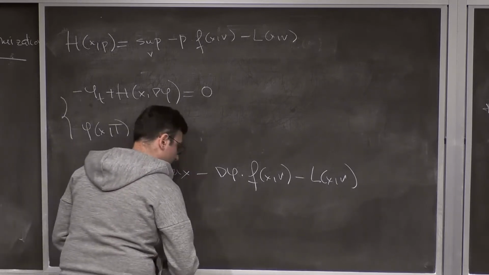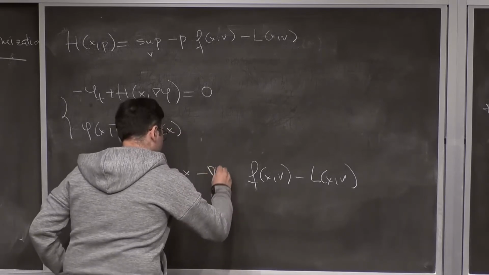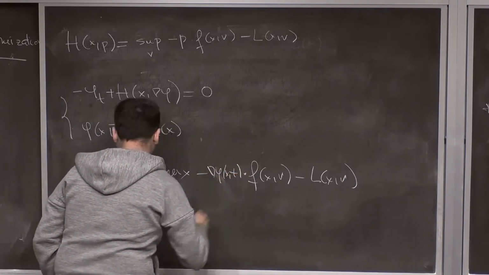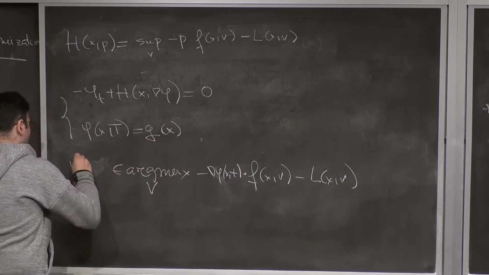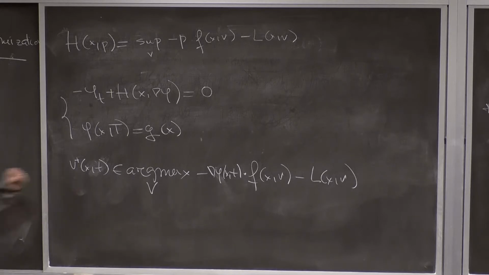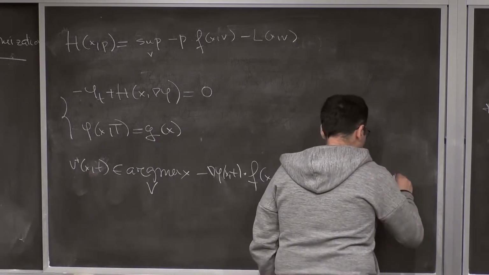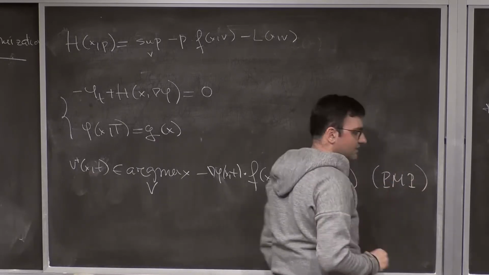Actually, let me write it in a more expanded way. Once we solve the Hamilton-Jacobi equation, then to find the optimal actions, we need to solve this maximization problem, which is called the Pontryagin maximum principle.